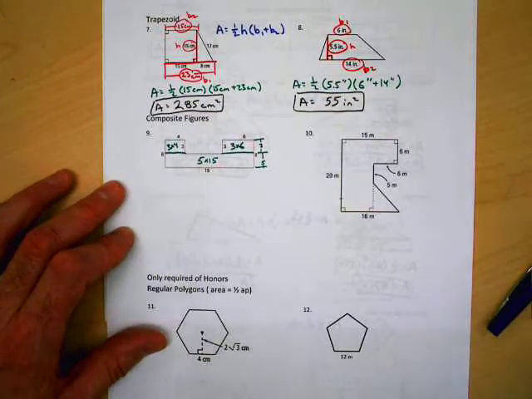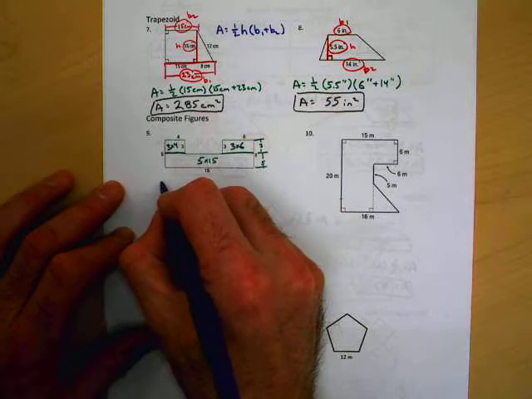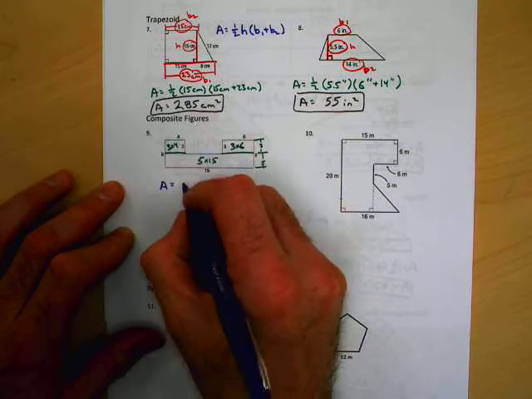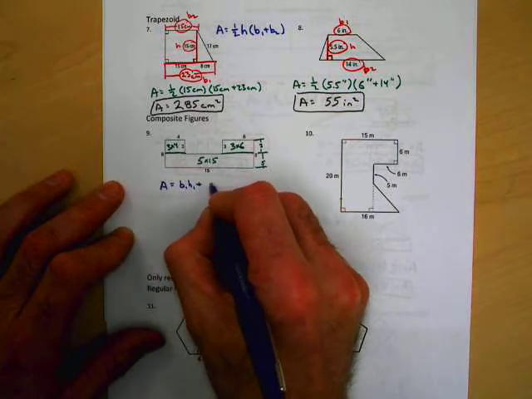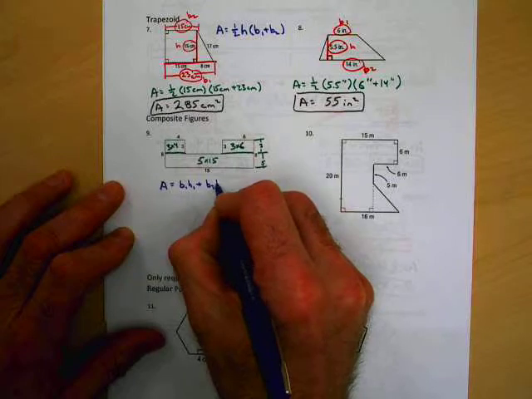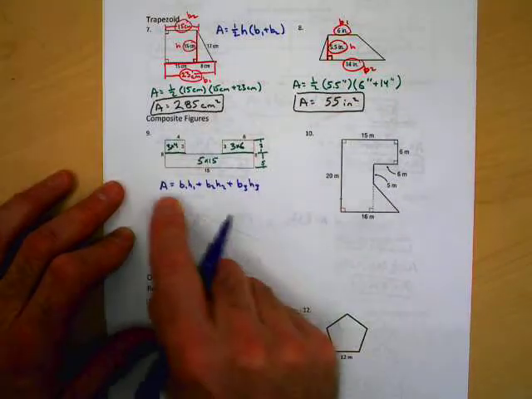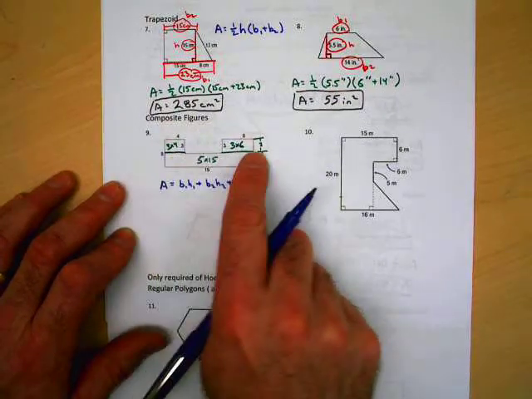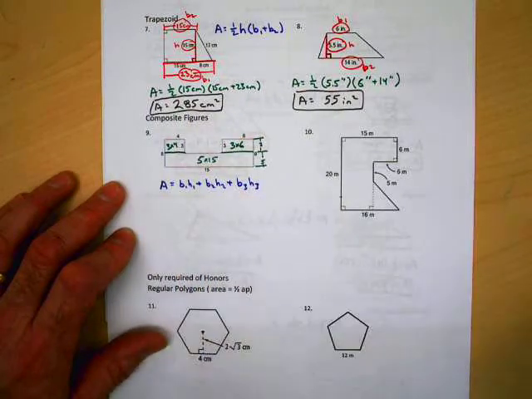So really, if I wanted to write down a formula for this particular composite figure, it's going to be base 1 times height 1 plus base 2 times height 2 plus base 3 times height 3, each of those being figure 1 of that rectangle, then that rectangle being figure 2, and this figure being figure 3.